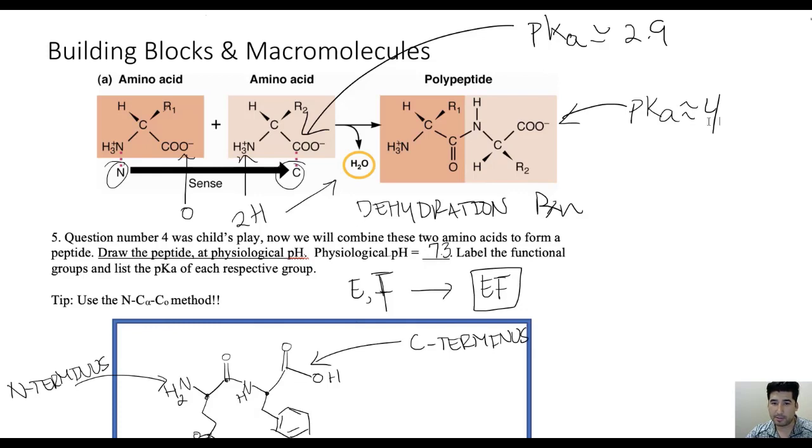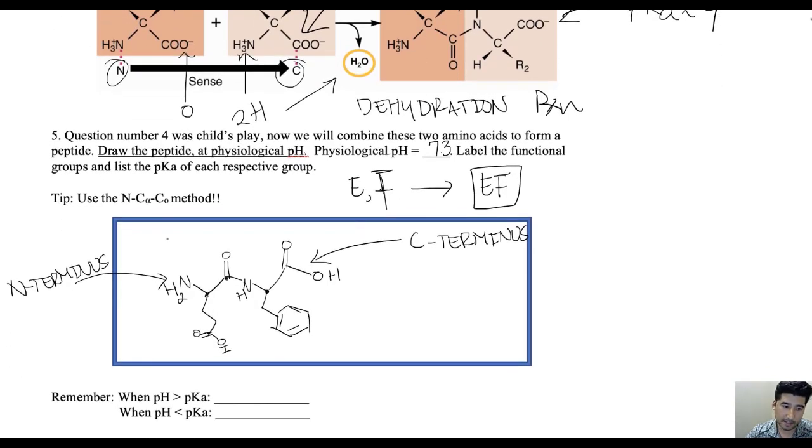So please make sure that you know that the pKa of the carboxylic group of a free amino acid is about 2.9, but the pKa for the carboxylic group of a polypeptide is about 4. So there you go. The pK of the N-terminus stays at about 9, and the pK for the C-terminus is now 4.